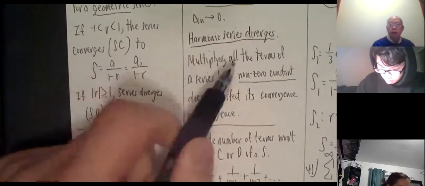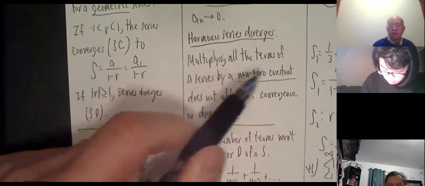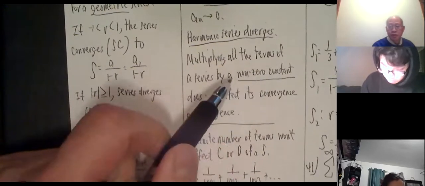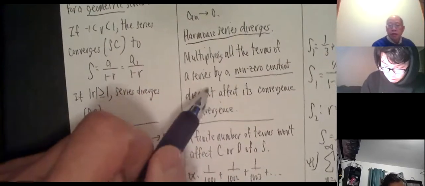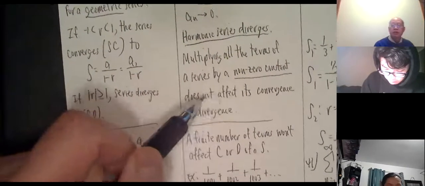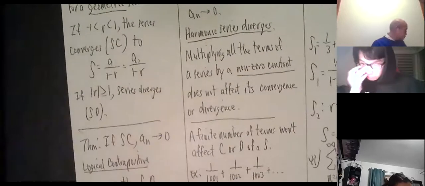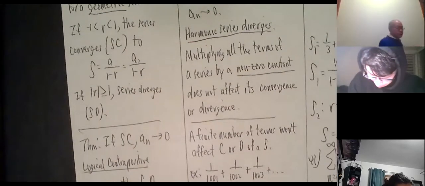All right, multiplying all the terms of a series by a non-zero constant. Of course, it has to be non-zero. If you multiply all the terms by 0, it just wipes everything out. But multiplying by a non-zero constant does not affect its convergence or divergence. That was sort of what this was about.